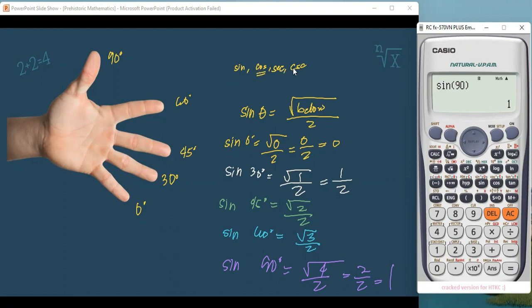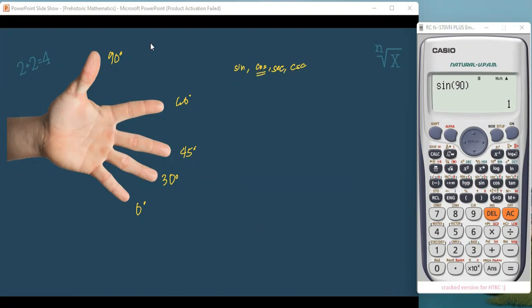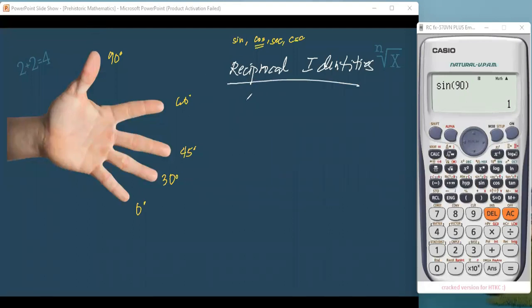Paano naman po si secant and cosecant? So, my dear students, let's remember that we have the trigonometric identities such as the reciprocal identities. Ibig sabihin po, ang secant theta is just equal to 1 over cosine theta, and ang cosecant theta is just equal to 1 over sine theta.